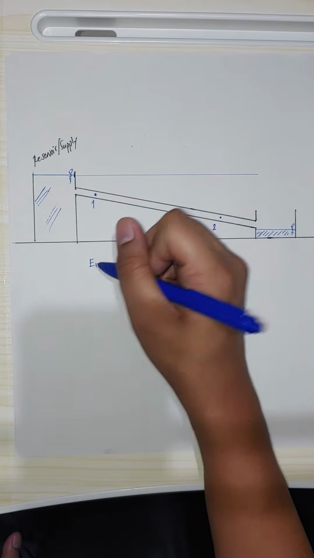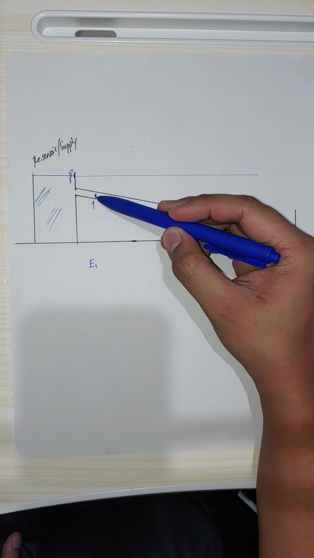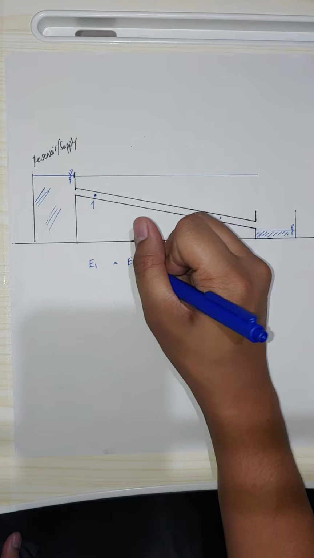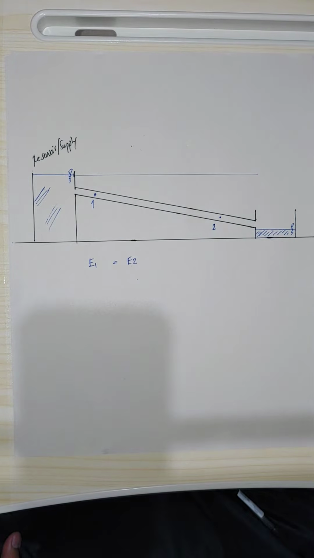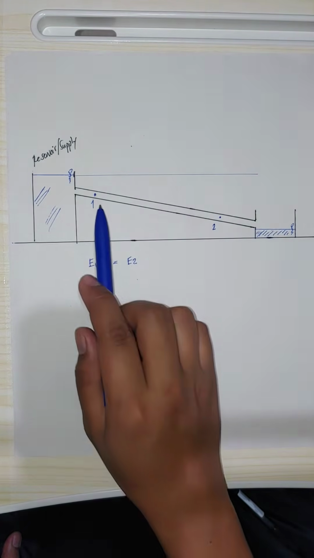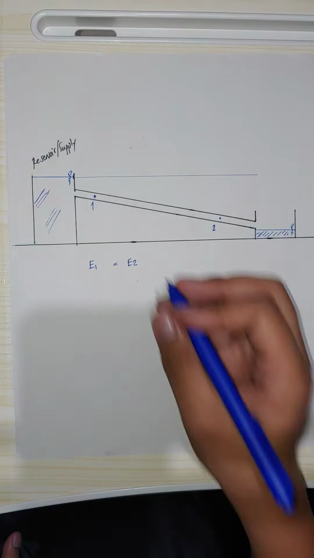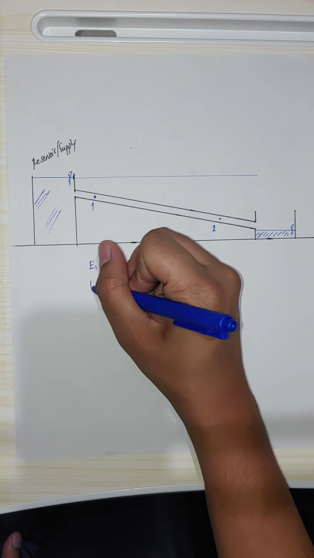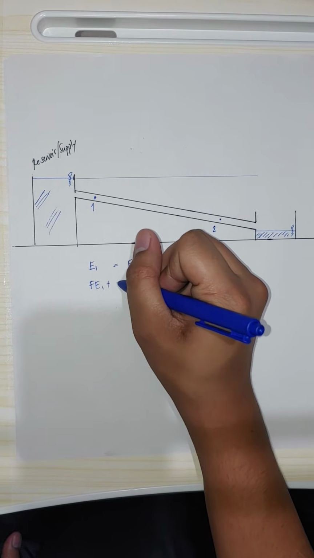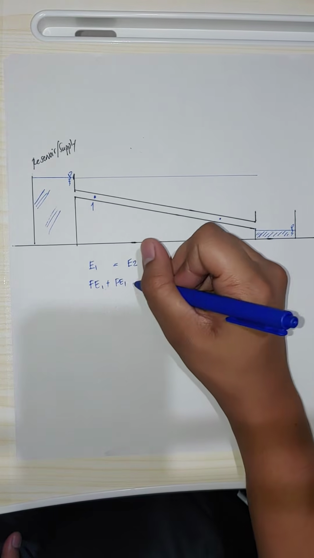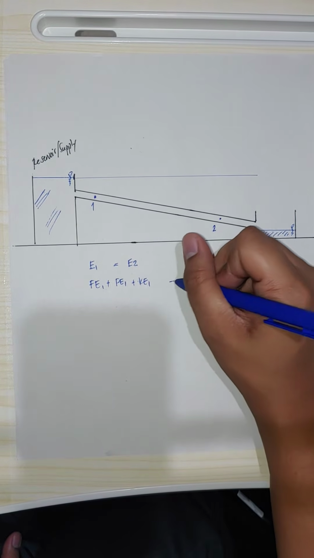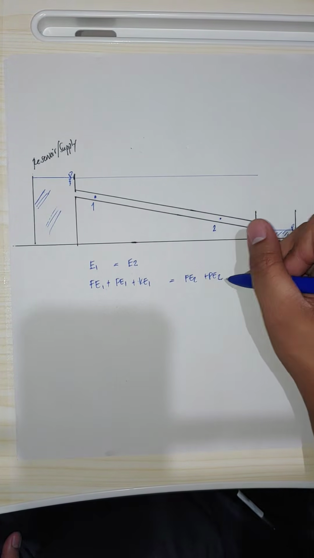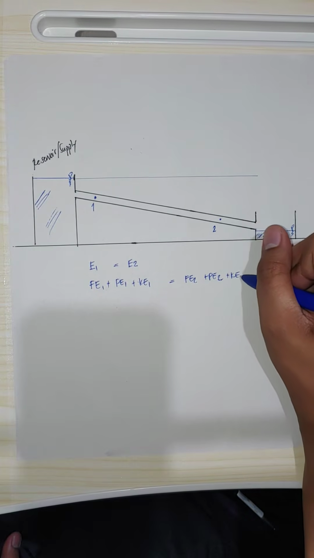By the law of conservation of energy, the energy at point 1 should be equal to the energy at point 2, in perfect and ideal conditions where there is no energy loss. So the flow energy 1 plus the potential energy 1 plus the kinetic energy 1 should be equal to the flow energy at 2 plus the potential energy at 2 plus the kinetic energy at 2.